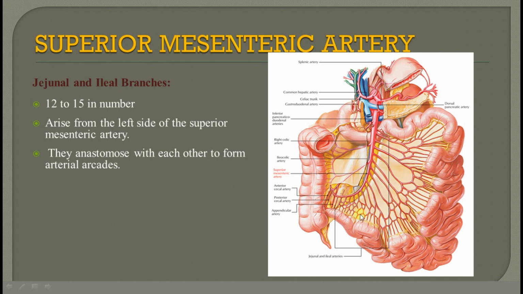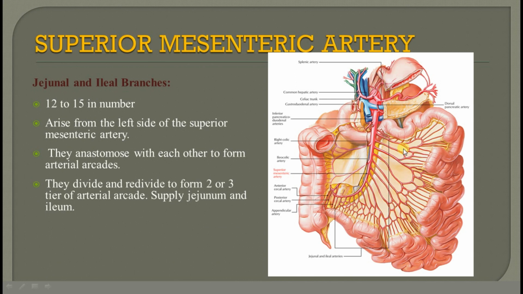That is, they divide and redivide, forming 2 or 3 generations. Up to a maximum of 2 generations you see in the jejunum, but in the ileum you will see more than 2.